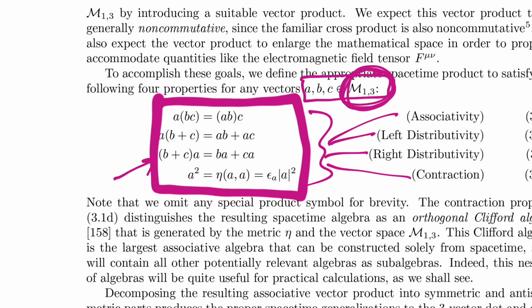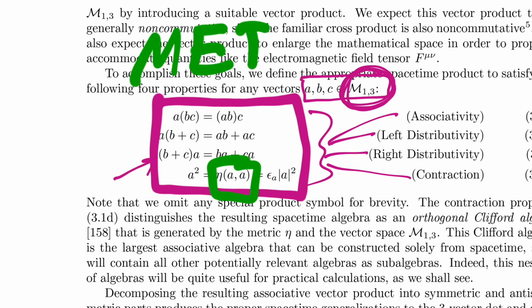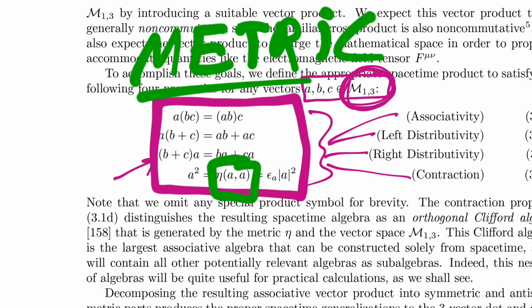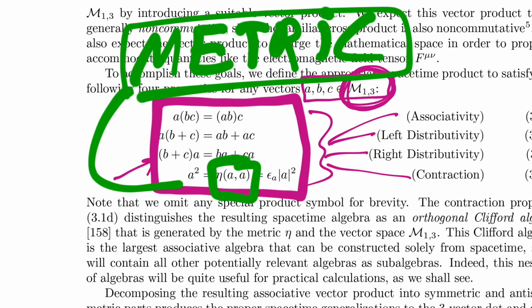And what do you see in the middle of it? Right there you see the metric, right? The metric, and I'm putting this in big old green, the metric is literally built into this axiom of this spacetime algebra. It's part of the fundamental premise of this algebra. And this metric could be very general, right?